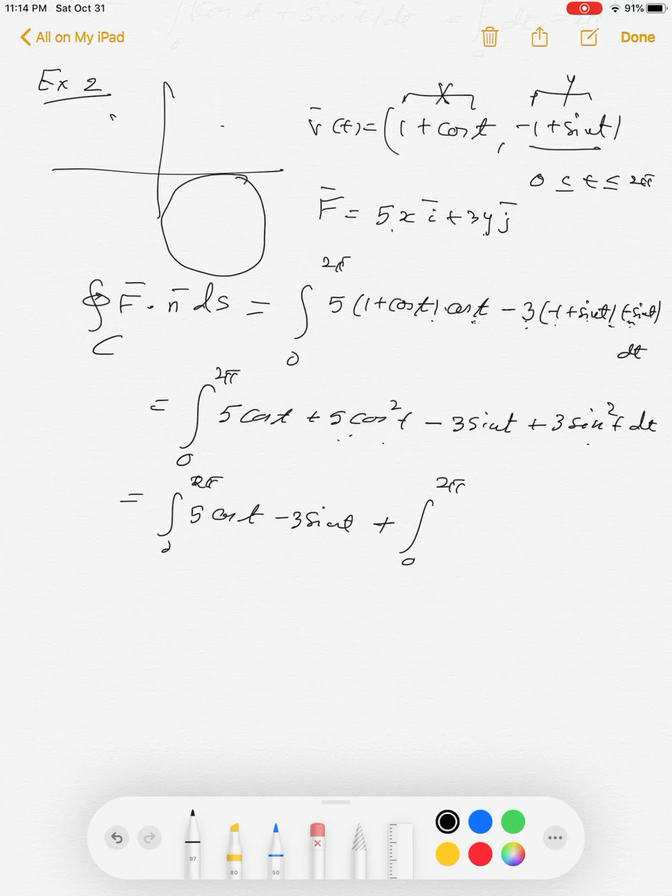Good. So this integral, first of all, the integral of 5 cos t and minus 3 sin t, that's going to give you 0. Plus, I will add 3 cos square to 3 sin square. So I will have the integral 0 to 2 pi of 3 dt. And what is left is 2 cos square t. So this is going to be 0. This is going to be 3 pi.